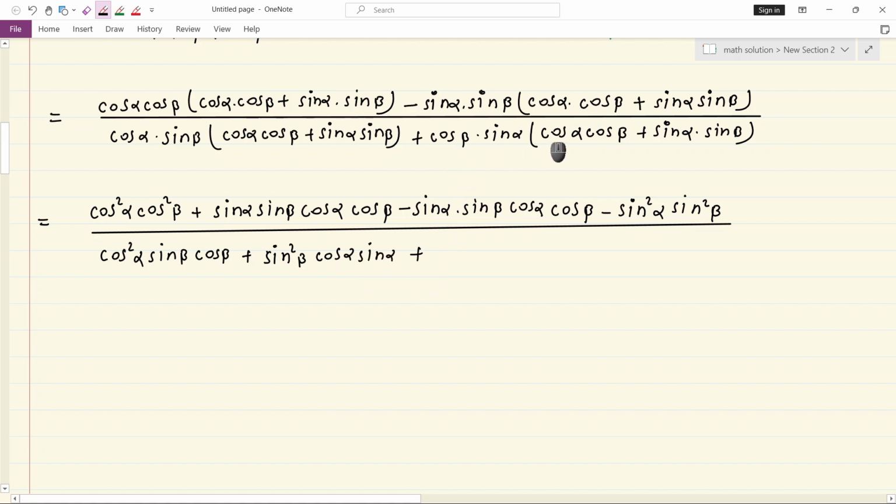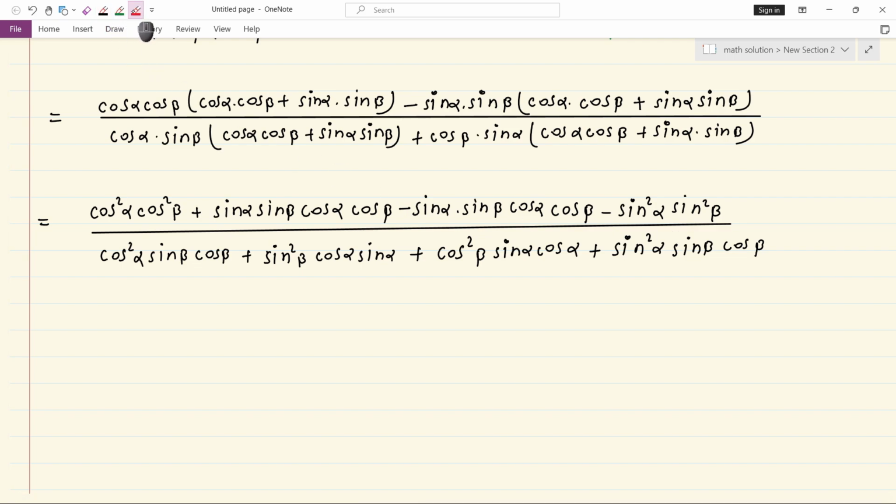Similarly plus, multiply this whole term, so it will be cos square beta sin alpha cos alpha, plus this multiplied with this term, so it will be sin square alpha sin beta cos beta.